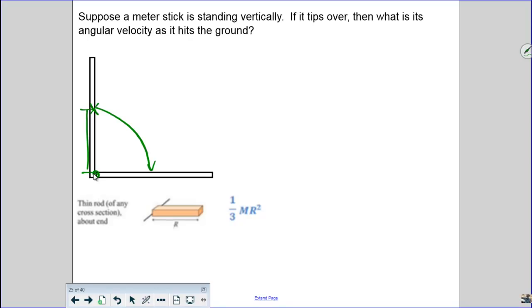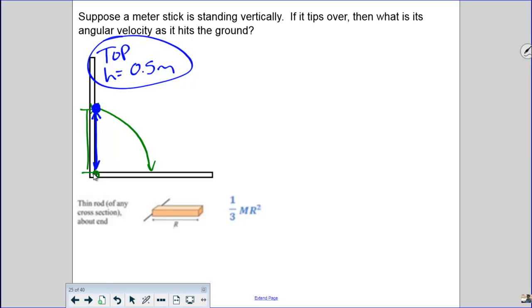Okay, so here are the 2 points I care about. Up here at the top, my height is 0.5 meters, because the average location of my mass is right here, and right now it averages half a meter above the ground. And at this point, there's no motion, so all of my energy at the top is going to be GPE.